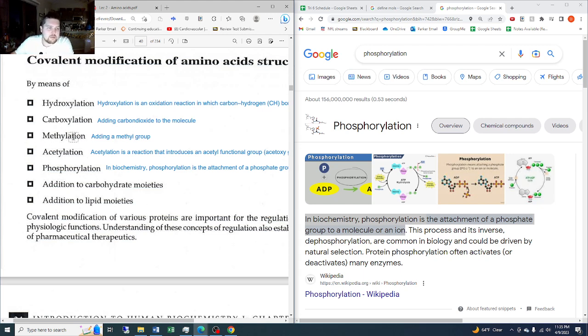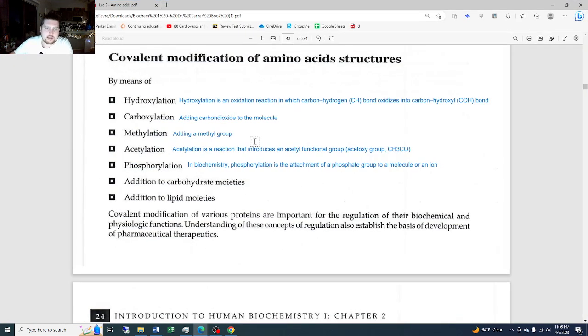And each of these, like the methyl, phosphorylation, acetylation, carboxylation, hydroxylation, these will come up in the names of the enzymes. So if you know what it is that's happening, it's so much easier to understand what the enzymes are and what it is that the enzymes do and what the next steps are going to be in those reactions. So highly recommend to spend some time, make flashcards of these, and really, really know these.